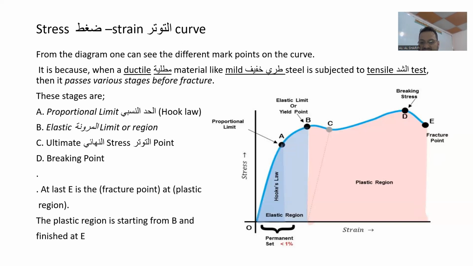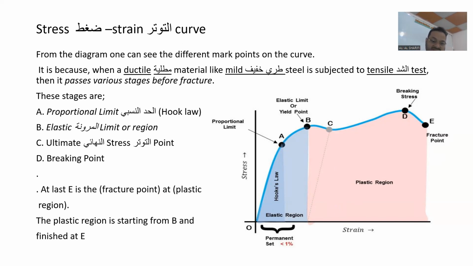Breaking stress will be reached when the stress is increased more. The last one is the fracture point or breaking point. That means from here to here the bar material will break down.